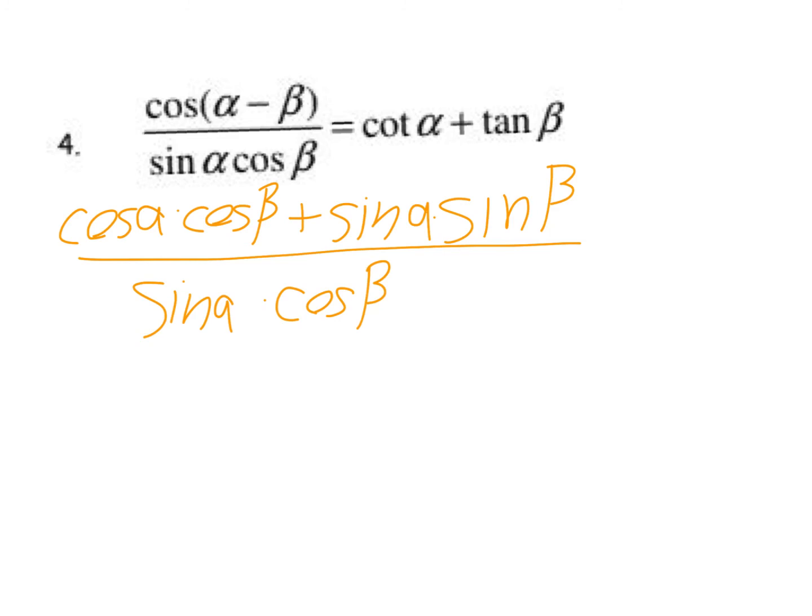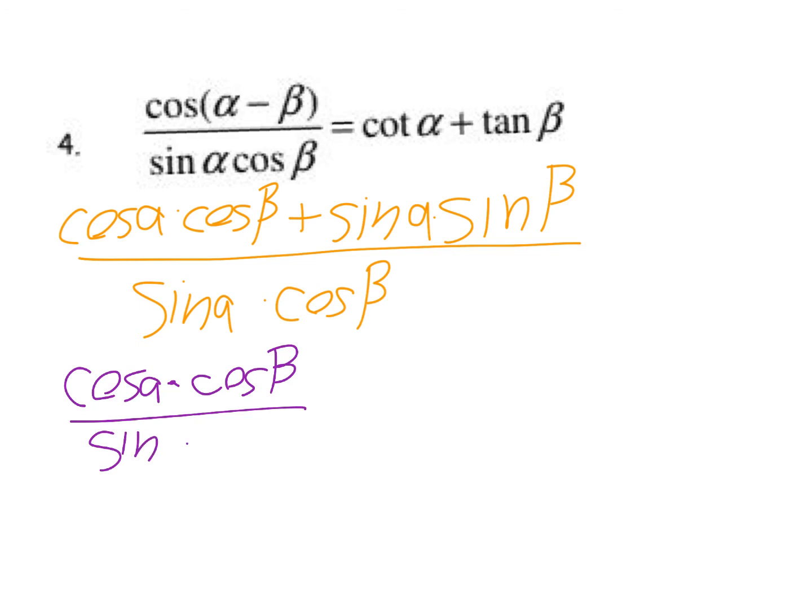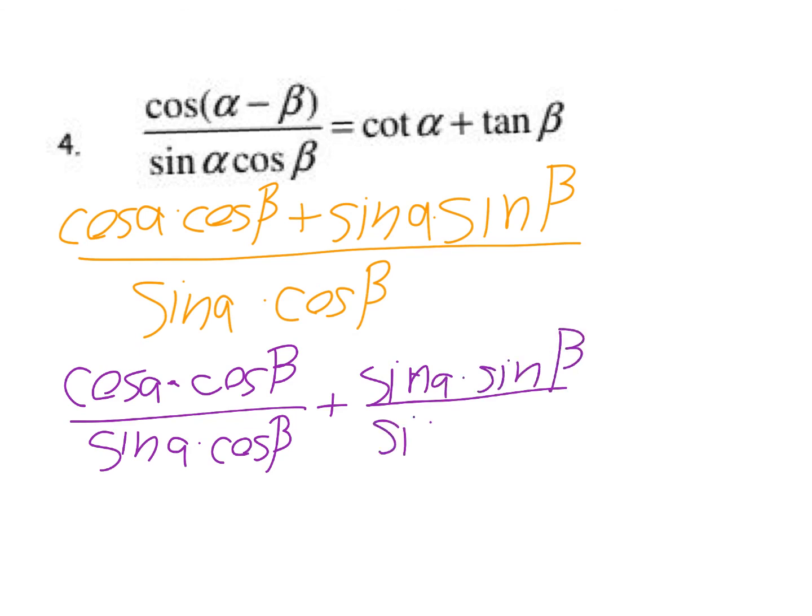We can break this up into 2 separate fractions, such that we have the cosine of alpha times the cosine of beta over sine of alpha times cosine beta, and some of you might be seeing where I'm going with this, plus my sine of alpha times the sine of beta over the sine of alpha times the cosine of beta.